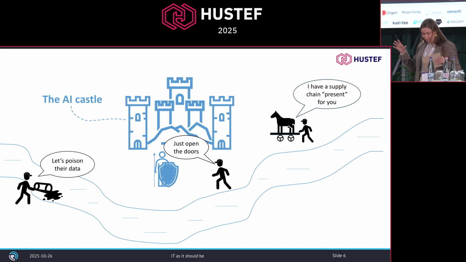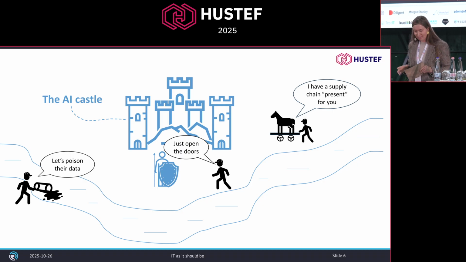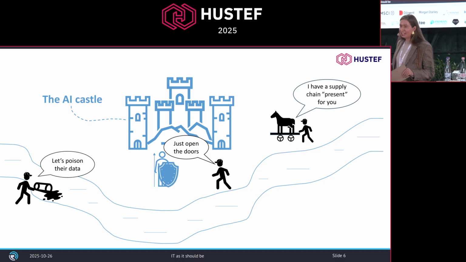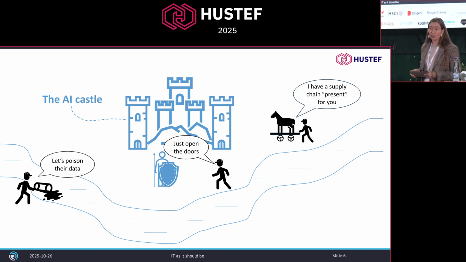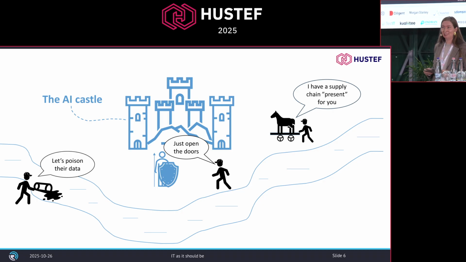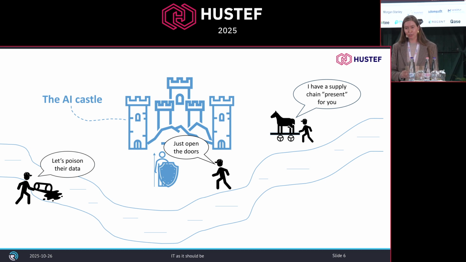There are a lot of buzzwords, I know, but I'll try to keep it simple. The key point I want to make is that LLMs have a big attack surface, and a lot of pain points where attackers could get in.